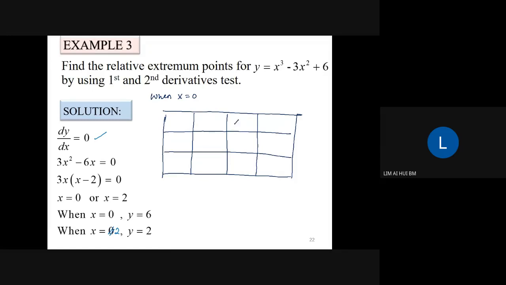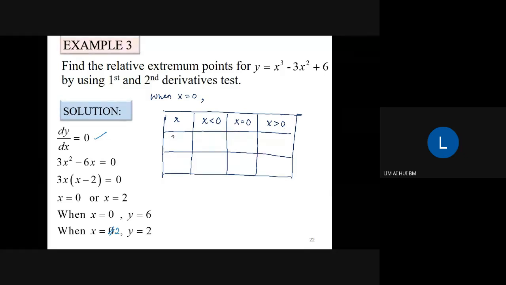This is the point that we want to check, x equals 0. This is the x value, the title of the row. Then substitute a value less than 0 on the left, and substitute a value greater than 0 on the right. Okay, we check x equals 0 first. For x equals 0, on the left there is a value less than 0, on the right there is a value greater than 0.